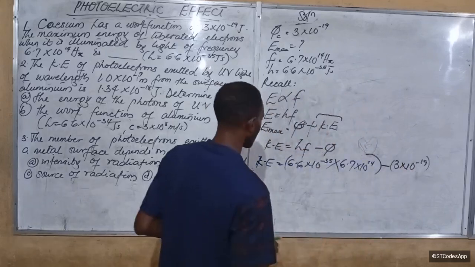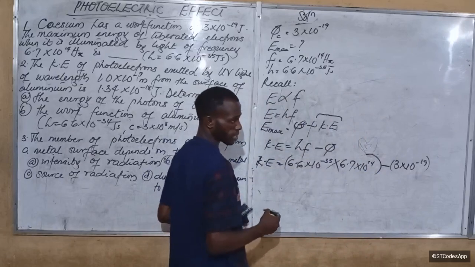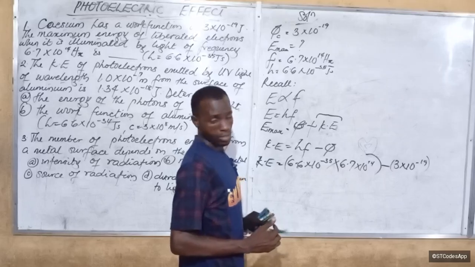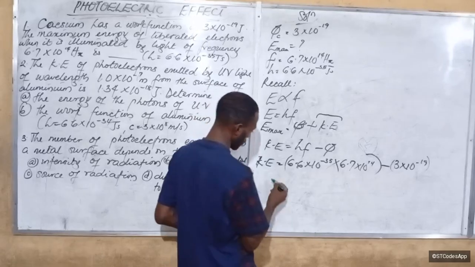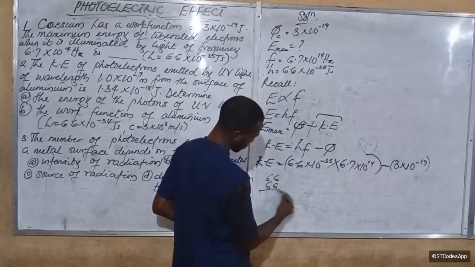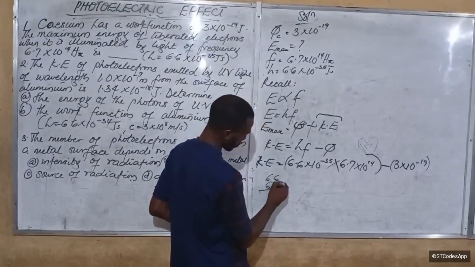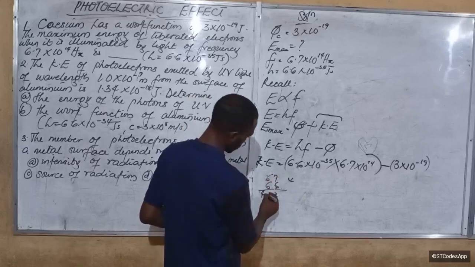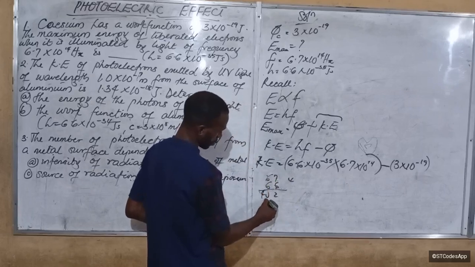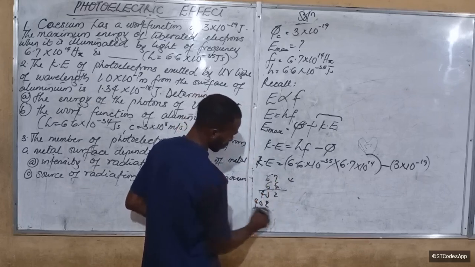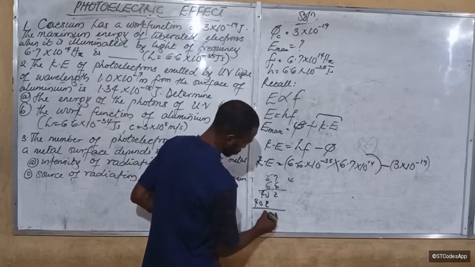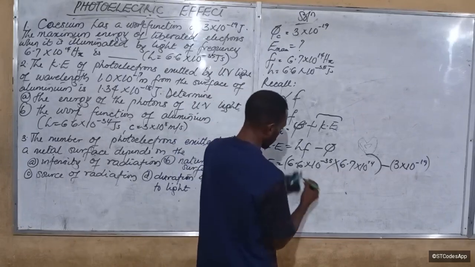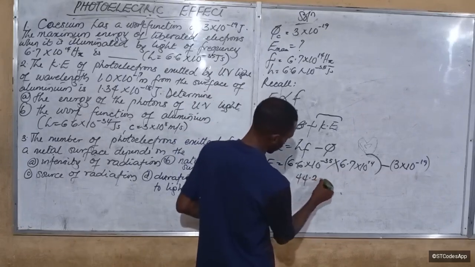Then we have 6.6 times 6.7. So we have 2, 4, 6, 36, 40, 6, 7, so 2, 0, 4. So we have 4.422.